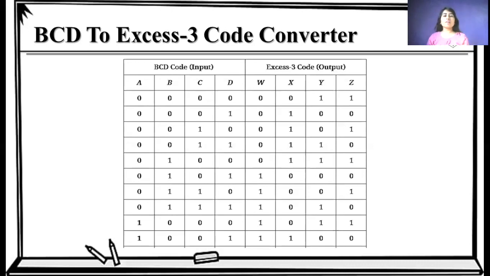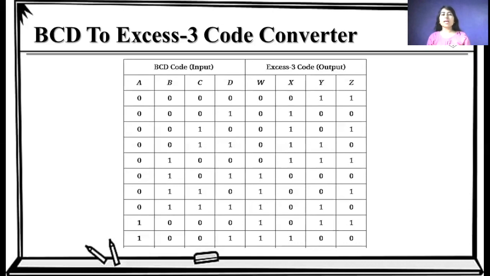So here we have a total of 10 possible combinations, and for these we have to use 4 bits. These 4 bits A, B, C, D work as the input and W, X, Y, Z as the output. Now to design the code converter circuit, we have to calculate the equations of the outputs.